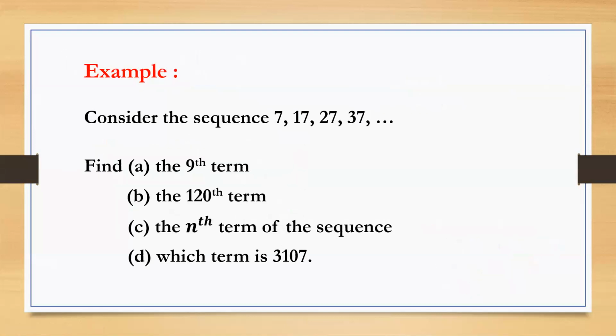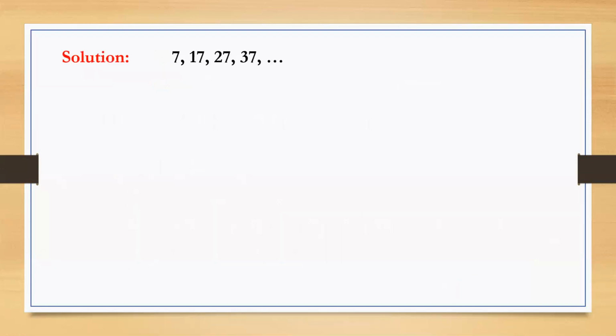Now we move on to this example. Consider the sequence 7, 17, 27, 37. So here I need to find the 9th term, the 120th term, the nth term, and also to find which term is 3107. So you can see here that the first term is 7 and we are adding 10 to get the next term.